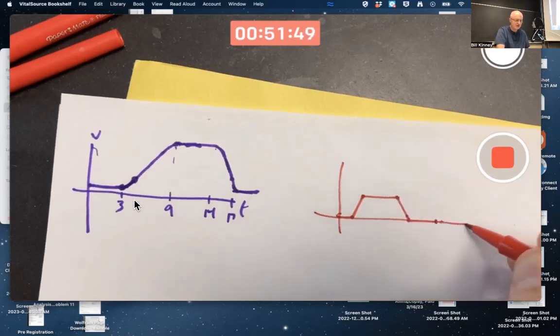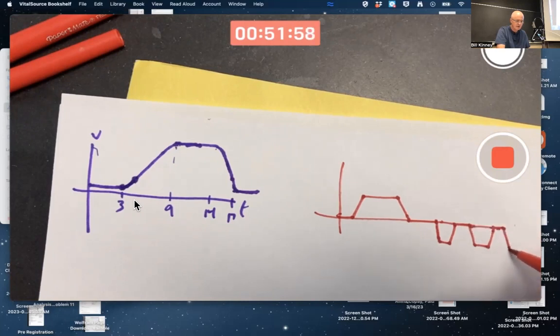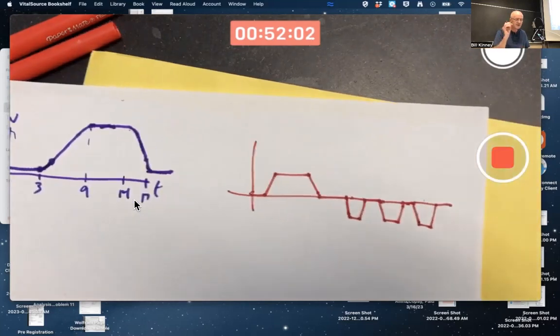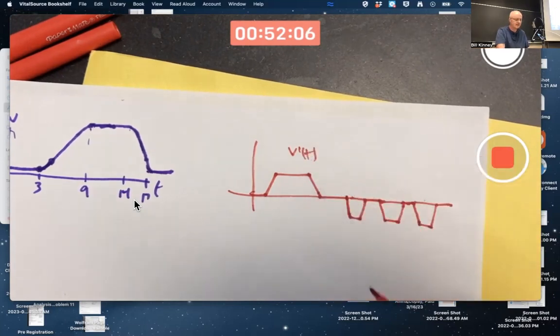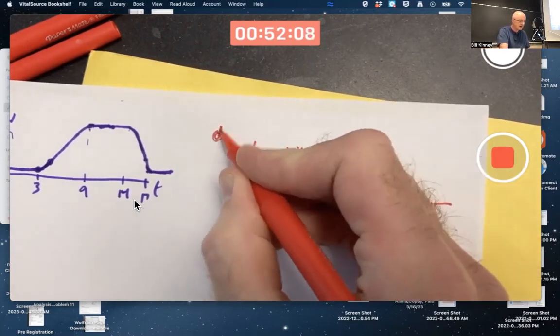After admiring it, starting to let the air out, probably the graph's got to look something like this, because the child is alternating between pinching the balloon and letting the air out. When the air is pinched, no air is coming out. So that would be V prime of t in part D.